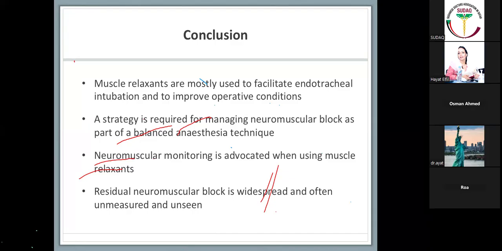And when you use them, you really need to monitor them. Residual neuromuscular block is something very distressing. So you try your best to avoid that by using the muscle relaxant when indicated, and monitoring the patient when you use it. Generally, residual neuromuscular blockade is very widespread, but it is really unmeasured and unseen.